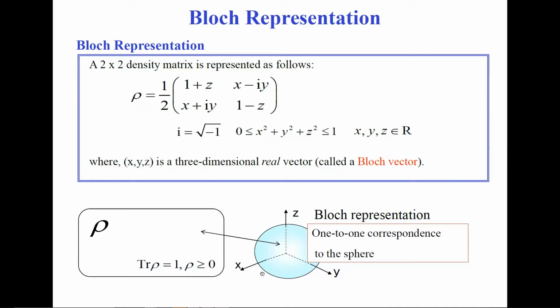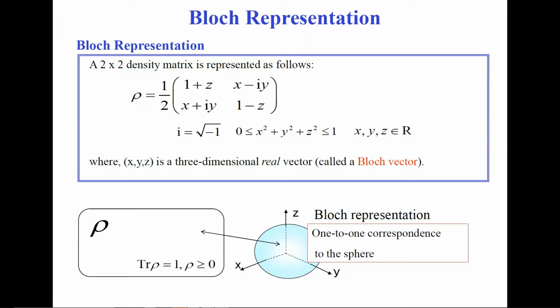So the space of 2 times 2 density matrices corresponds to the unit ball in three-dimensional Euclidean space.